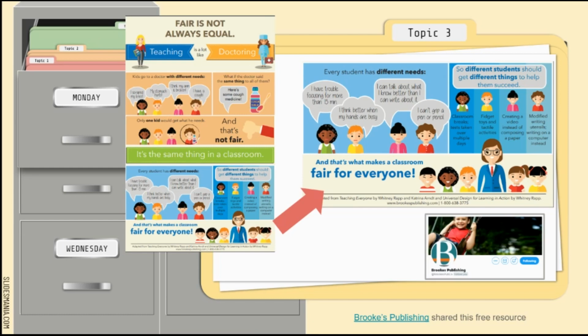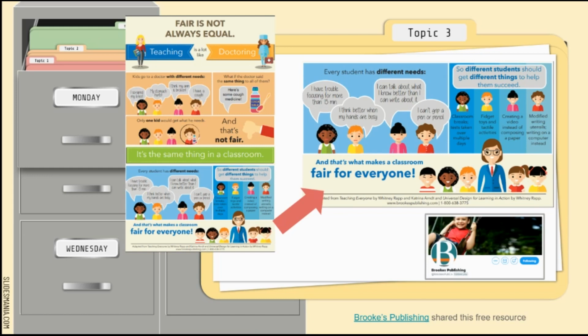And we want to make sure that everyone understands maybe something as simple as fair is not always equal. They give this wonderful graphic where they have a little storyline where all kids come in and they have different needs. Someone has a scraped knee, someone has a hurt stomach, someone might have an arm that's broken, and then someone might have a cough. All different needs that we see within our own classroom.